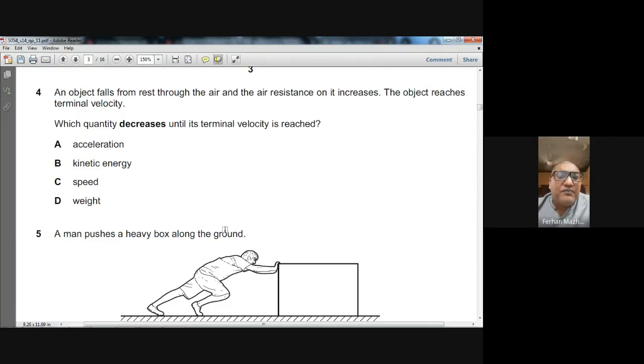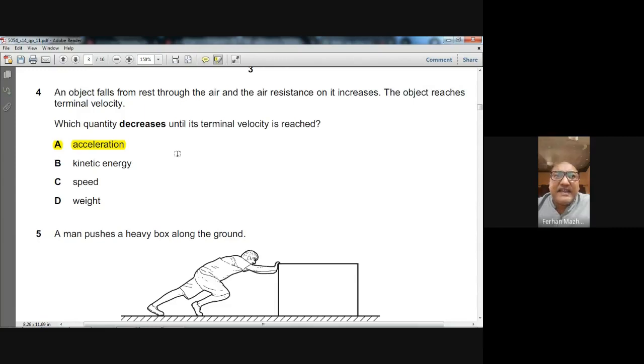So as the object falls, the velocity is increasing, but the acceleration will be decreasing. At the start it has the maximum acceleration, and gradually the acceleration decreases. The question is which quantity decreases until terminal velocity is reached, that is acceleration.